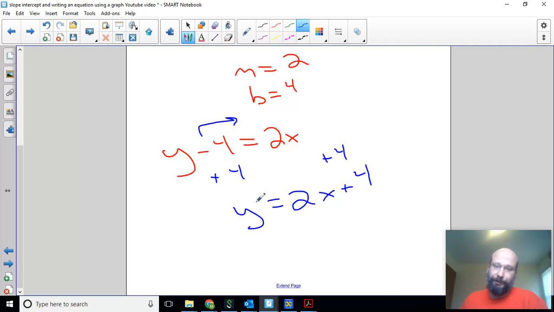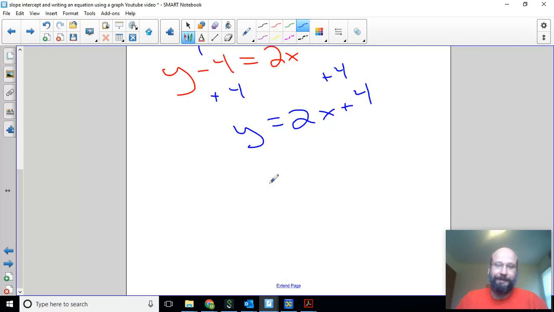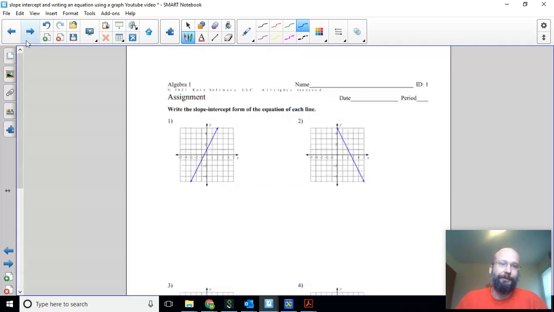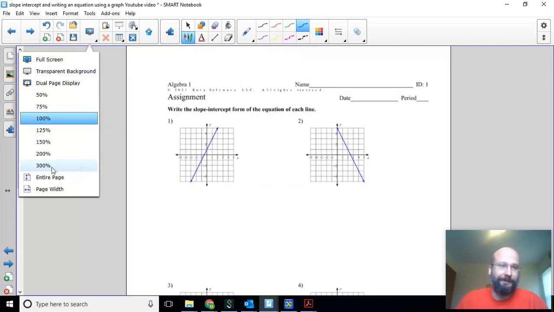Eventually, we'll get to where you have to put it in the form, but not today. So again, y equals mx plus b. Slope-intercept, m is your slope, b is your y-intercept.